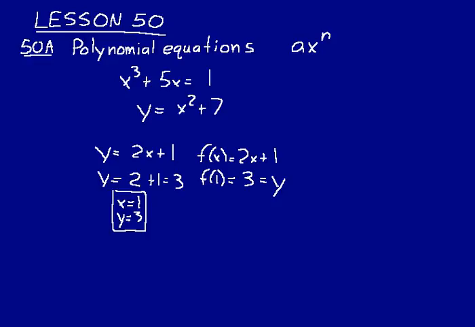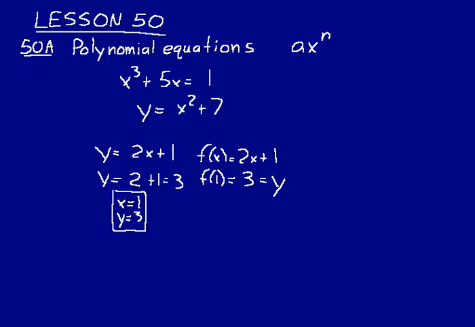But for a polynomial equation like this that has two variables in it, you will have to have a pair of numbers, one for the x, one for the y, and only that pair will satisfy that equation. Now there are other pairs that would satisfy that equation. It's just that when x equals 1, you have to use y equals 3. You can't use y equals 4 or something else. It has to be 3.